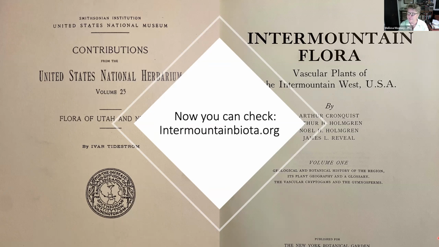And in the interim, the 40 years in between, there were 7 volumes prepared, a total of 9 books by Arthur Cronquist, Arthur Holmgren, Noel Holmgren, and James Reveal. It's a huge effort undertaken that took 40 years, and it's just a wonderful resource. And now you can go online to Intermountain Biota, and you can track down collections and species and great things like that.